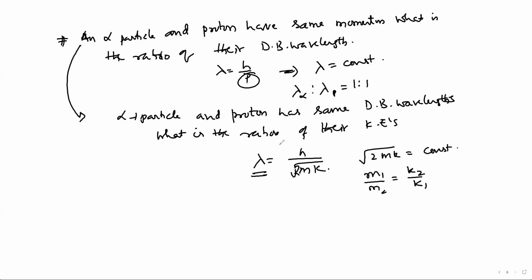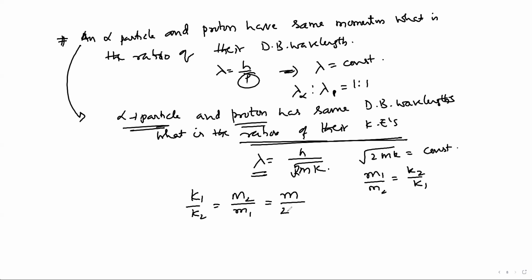We want K1 by K2, where the first is the alpha particle and the second is the proton. If the proton mass is m, the alpha particle mass is 4m. So you get 1:4.